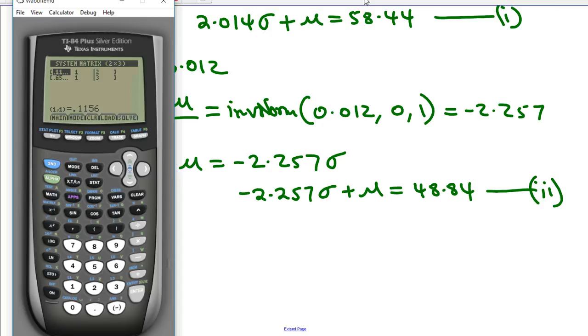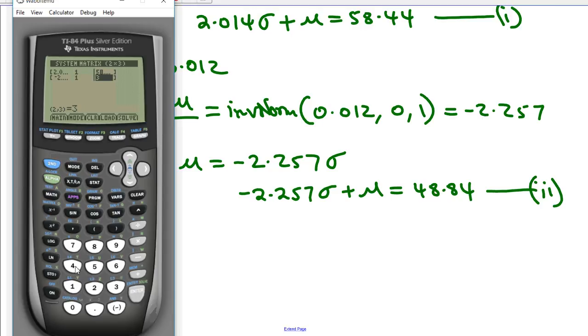So start with the first equation: 2.014, 1, 58.44, negative 2.257, 1, 48.84.